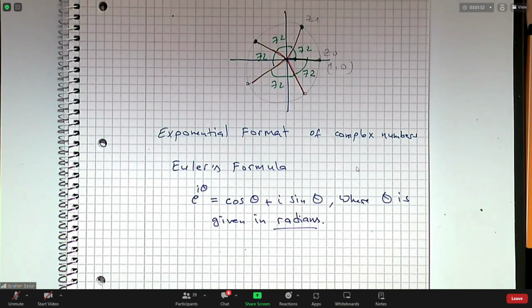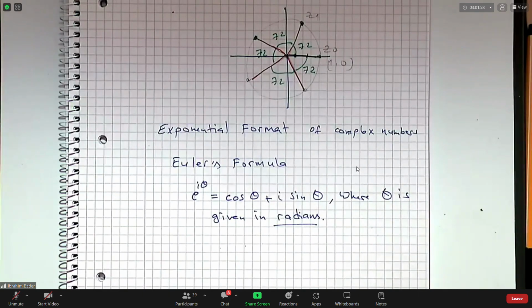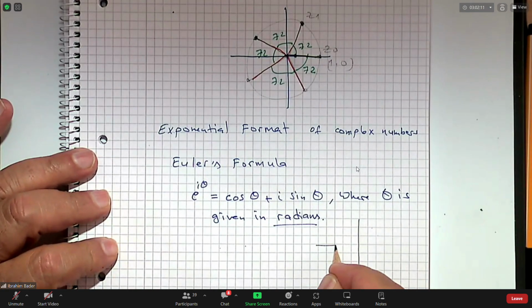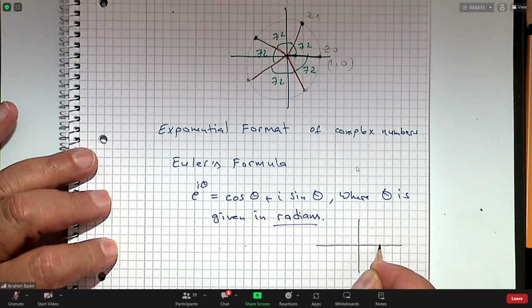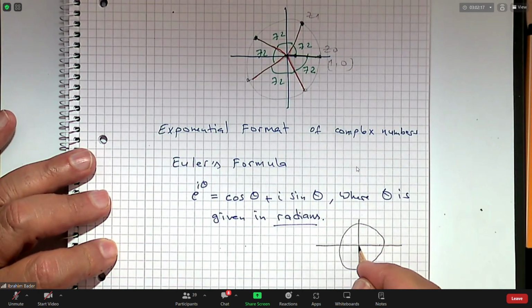And actually, it follows directly from the so-called Pythagorean theorem. So if you have the unit circle, then you will have something like that. So you have here the point.